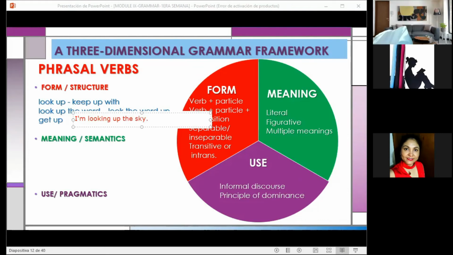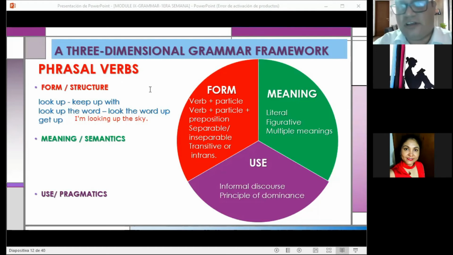Here, looking up, is it a phrasal verb or not? Can you tell me?